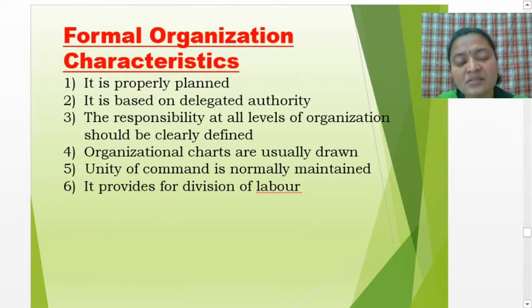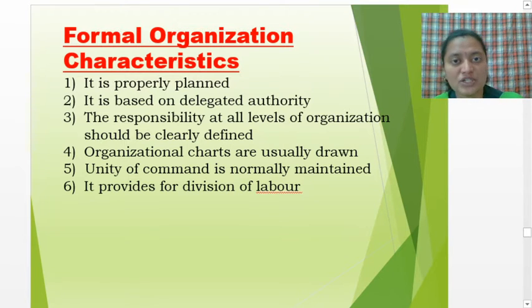The next one: it is based on delegated authority. Now this formal organization is based on delegated authority. What do you mean by delegated authority? Delegation means delegating or assigning the work to other individuals. So in the organization, who has the authority?